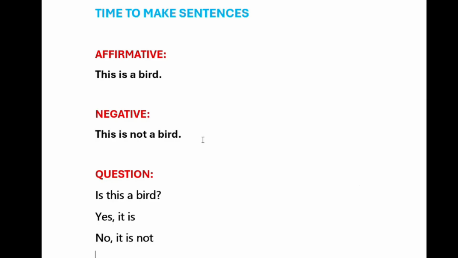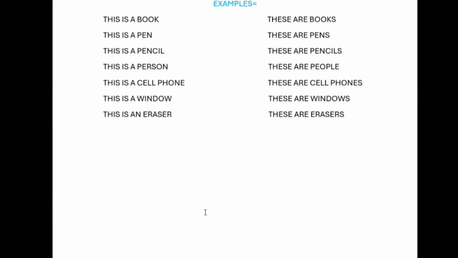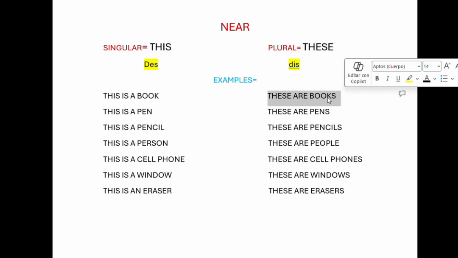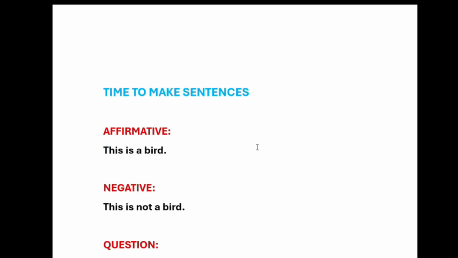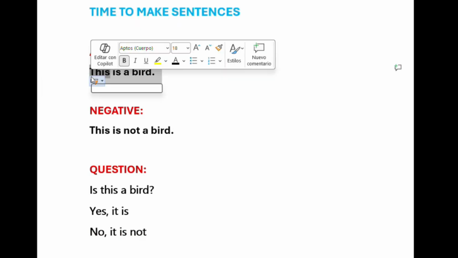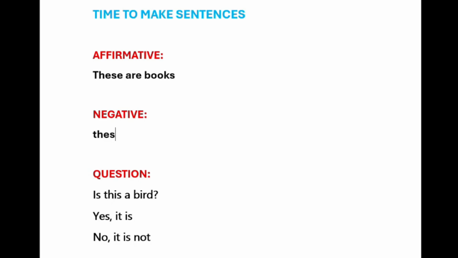Okay, and you can use another demonstrative pronoun. I'm going to use the plural: these. These are books. And what is the negative form? These are not books.